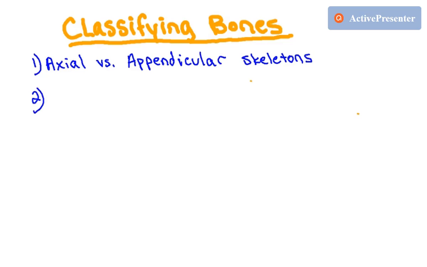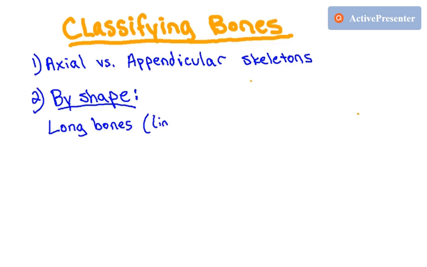Your second way of classifying bones is by their shape. I know it might seem pretty basic just to classify the bones by their shape, but it really makes everything make sense and puts everything together really nicely. So first, for by shape, you're going to have long bones, and those are pretty much the bones in your limbs, your arms and legs.